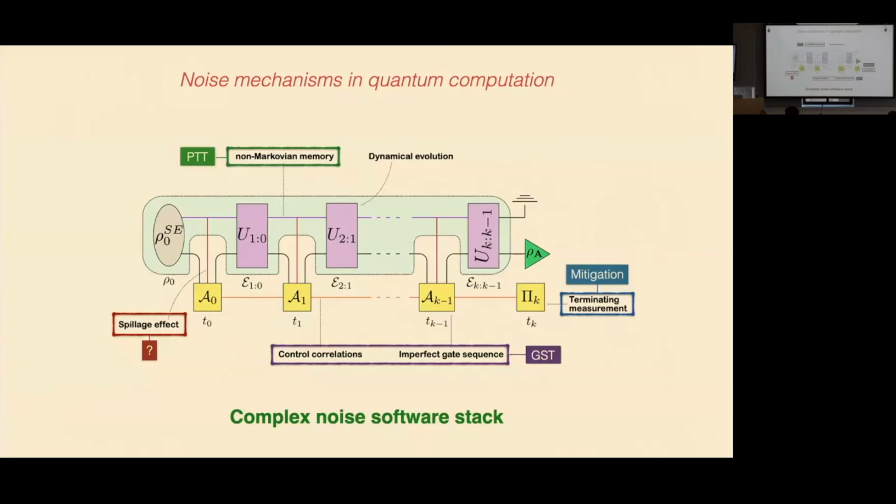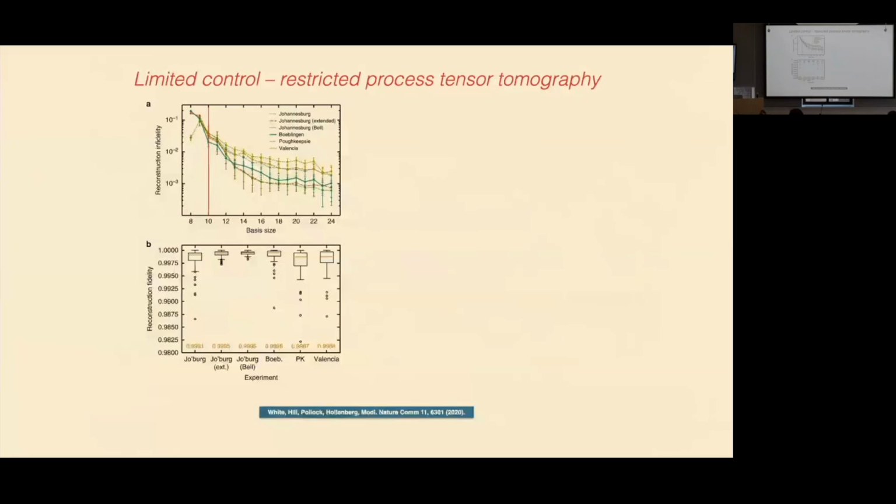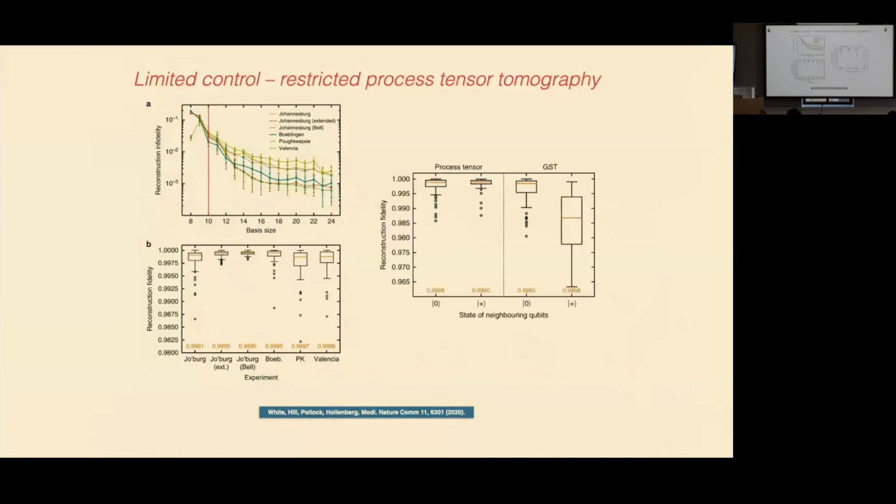So what we have done in a paper that's coming up is we have packaged all of these things together into a single software that relies on some work that was done at Flatiron a couple of years ago and was just published recently. So let me talk about our first characterization. This was done on several IBM computers, and we got extremely high fidelity, only limited by shot noise.